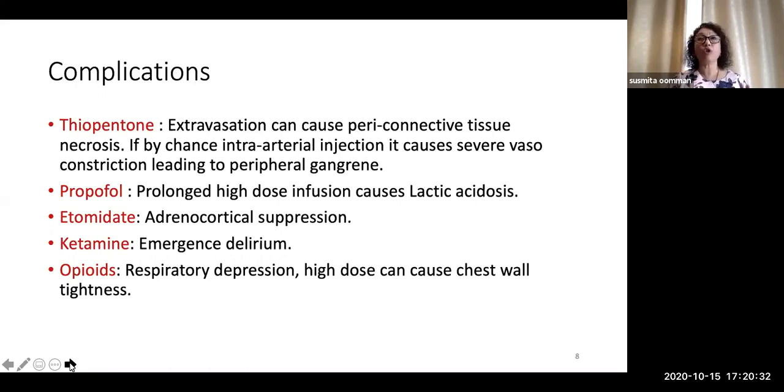And if by chance, God forbid, somebody puts a cannula in an artery rather than a vein, and then gives the thiopentone, then this is going to be a major problem because thiopentone crystallizes and it blocks the blood supply to the periphery of that limb. So it can lead to severe vasoconstriction, causing gangrene and loss of a digit or a hand. So these were the main things.